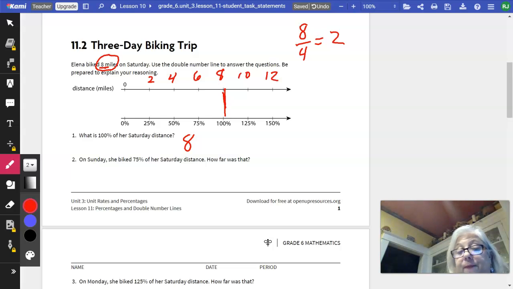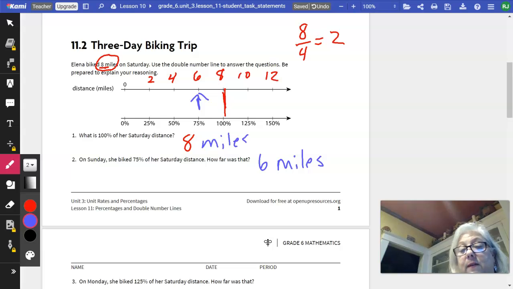How far is that? Well, looking at our double number line, that's very easy to see. 75% is right here. So that gives us how many miles? 6 miles. Once again, do not forget to put your units.